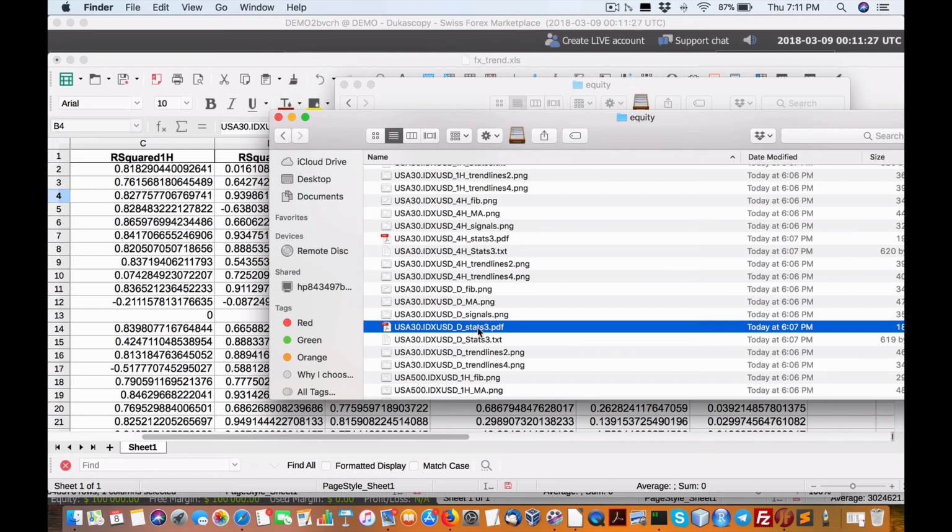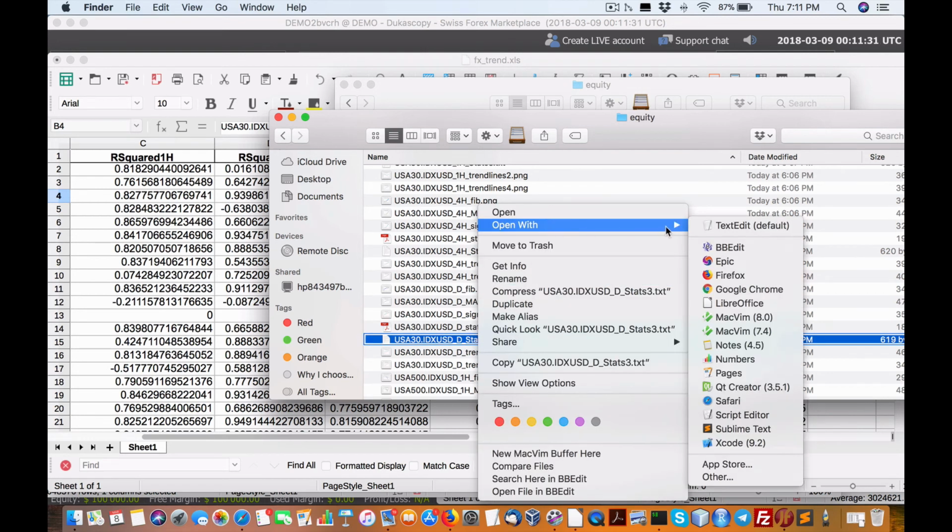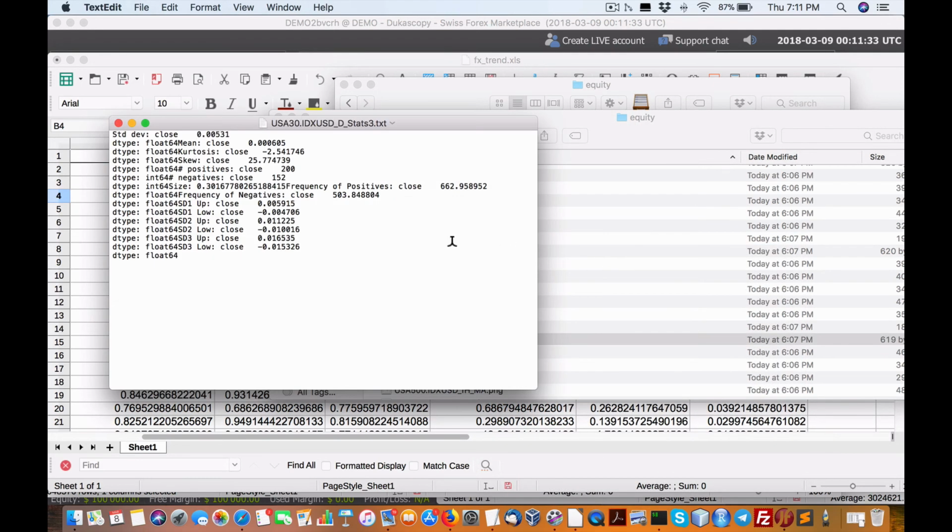We'll do the daily statistics analysis. So we get a text file. I've shown this in greater detail in a previous video. So we're giving you skew, kurtosis, but here's the mean. And the one I like to focus on is the number of positives versus negatives, because that measures the momentum over the last year.